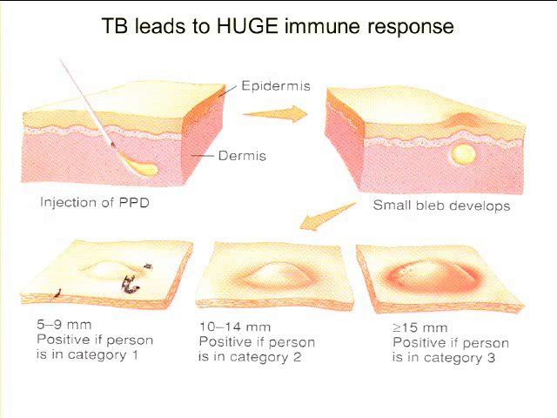So if this person has had TB, they have antibodies floating around in their bodies, and that antibody response is going to cause swelling at the site of injection. If the person has not ever had TB, they will not ever have antibodies developed, right?